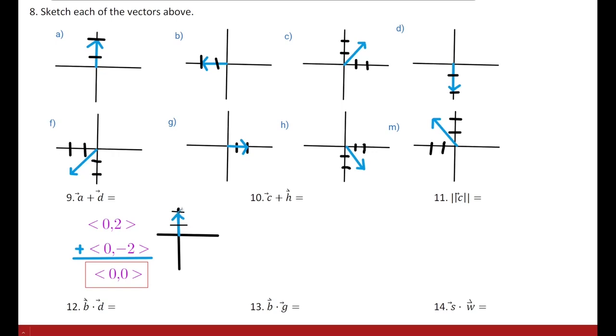So I'm going to start sketching out d, but starting where a ended up. So I'm going to use the terminal point of a as the initial point for d. Since d is 0, -2, and I'm starting here, I'm going to go 0 units in the x direction and 2 units down. And where I end up pointing back to is this point 0, 0.